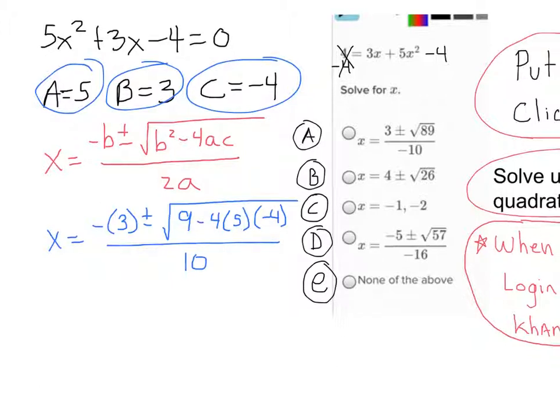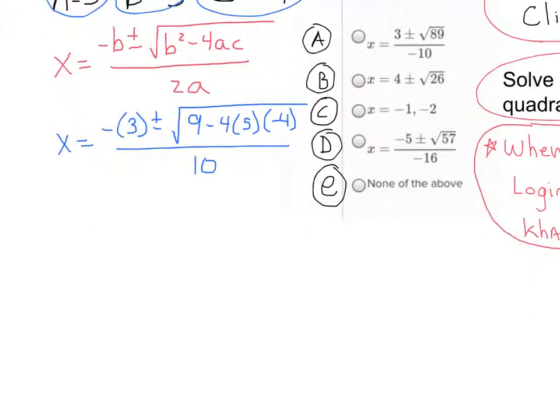So now let's keep simplifying. So I've got x equals negative 3 plus or minus the square root of 9, and then right here I have negative 4 times 5 times negative 4. Well, I could do negative 4 times negative 4 is positive 16 times 5 is 80.